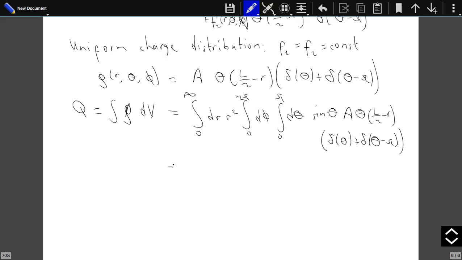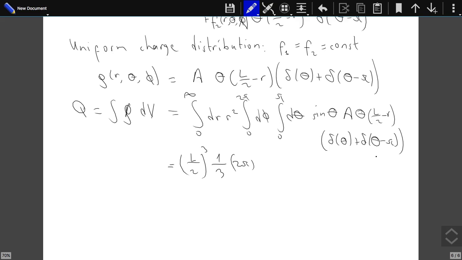Well, then our integral doesn't really go from 0 to infinity, but that step function tells me that it goes from 0 to L over 2. And if I integrate over r, that just gives me L over 2 cubed times 1/3. The phi integral just gives me 2 pi. And then the theta integral, I have two Dirac deltas.